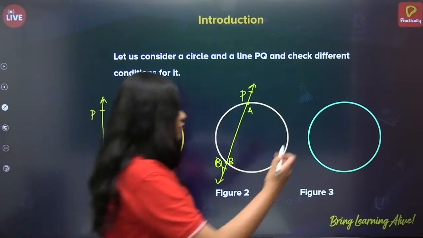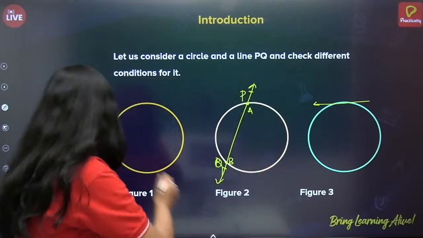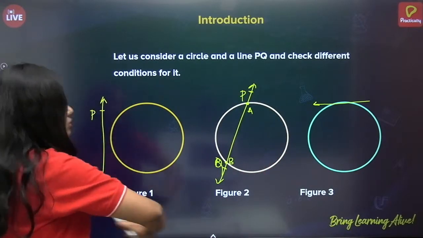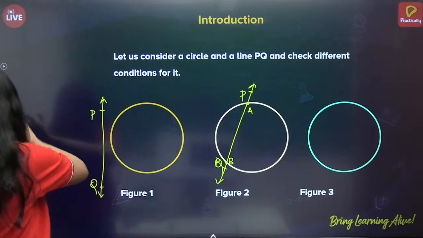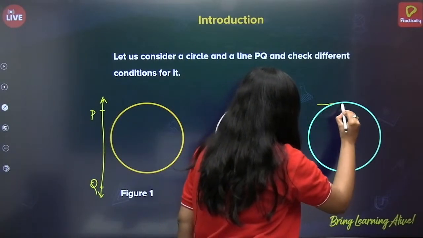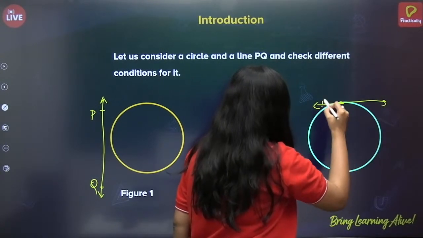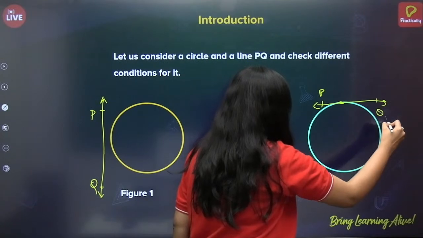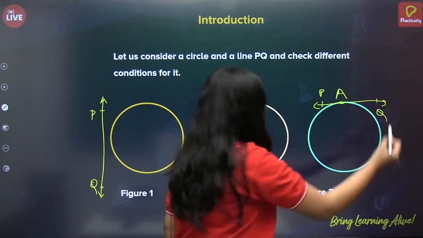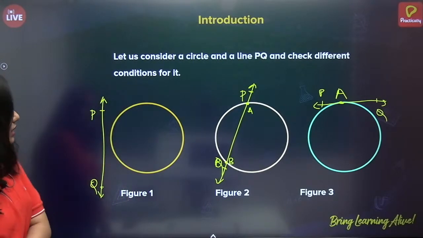Next, in figure 3. Okay, let me just draw it clearly. Again, this is also line PQ and in this it is intersecting at only one point A. Okay, figure 2 is secant. Very good.